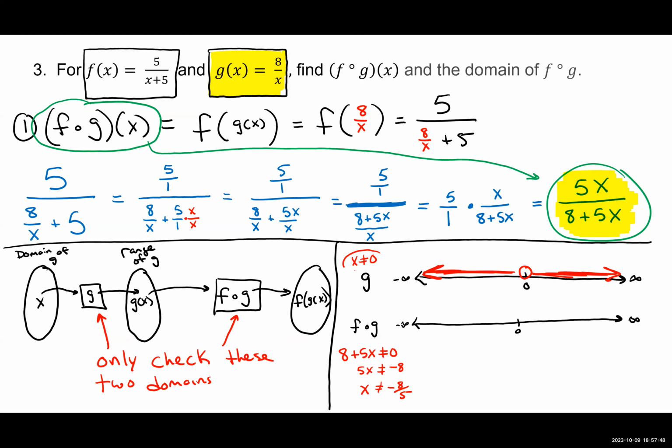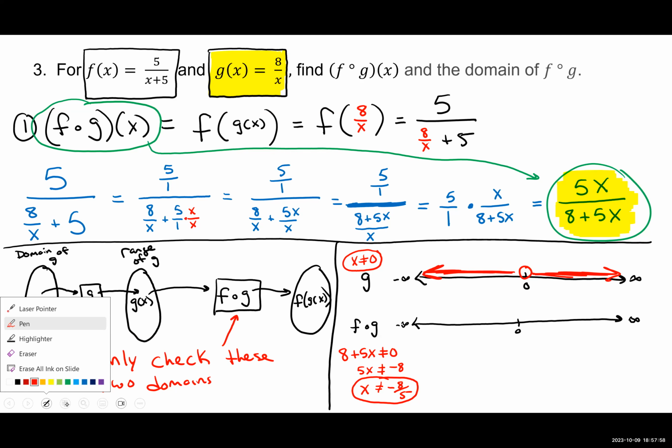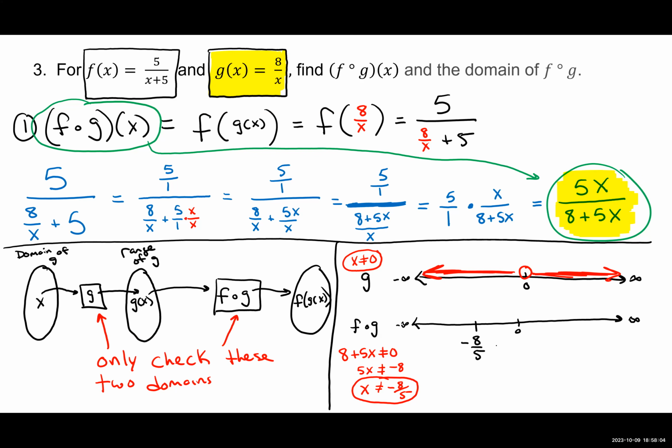So for the g function, x can't be 0. For the f of g function, x can't be negative 8 over 5. Negative 8 over 5 is somewhere to the left of 0. It's a negative number, so it's to the left.